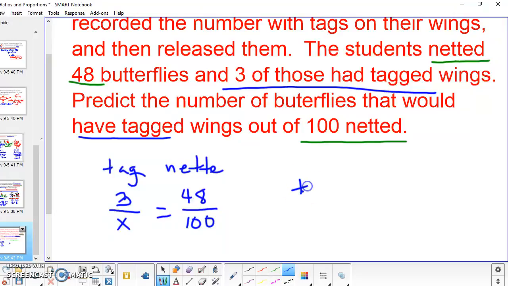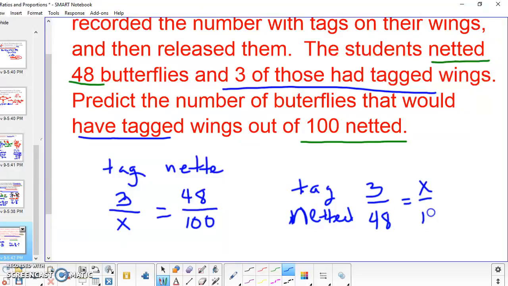And again, we could do this more ways. We could put tags on the top, netted on the bottom. So if I have 3 tags out of 48 netted and x tags out of 100 netted. And then if you solve that proportion, no matter which way you write it, you'll see 3 times 100 is 300 equals 48x.